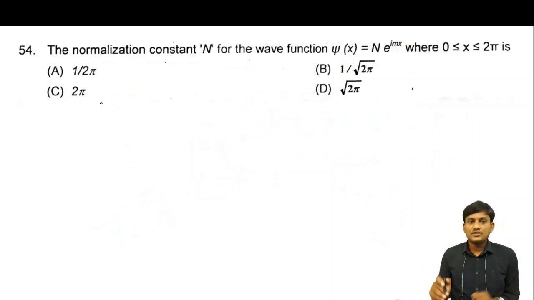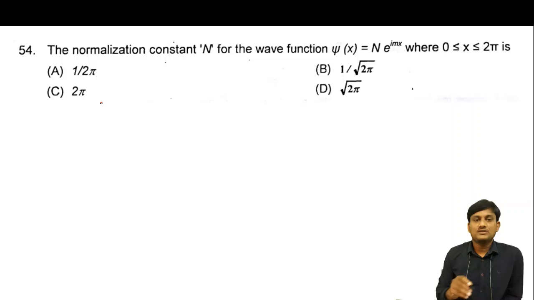The normalization constant n for the wave function psi of x is equal to n e power of imx, where x ranges from 0 to 2 pi. Okay, how can you calculate the normalization n value?